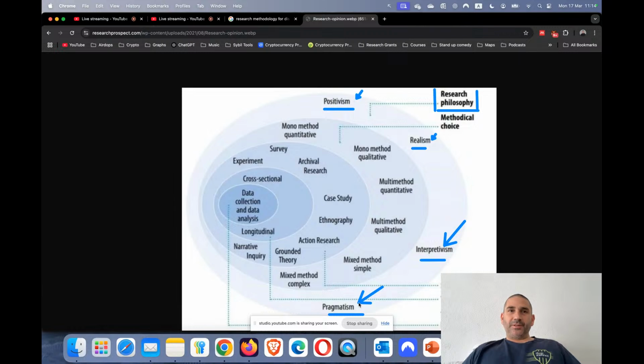But in general, they mean: do you see the world as something that you can pragmatically assess? Is it something that you can realistically assess, or is your research problem that you're analyzing a little bit abstract?